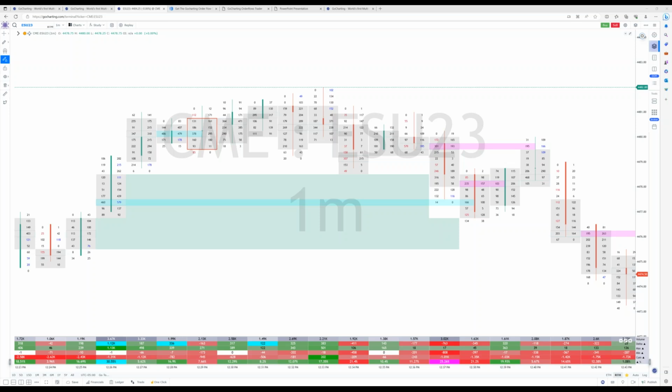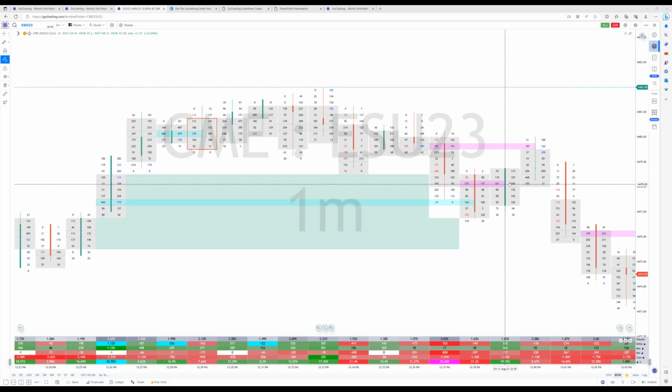Well, the easiest way to identify a market going sideways is if you're looking at value areas and the values are pretty much overlapped, 1, 2, 3, 4, 5, 6, 7, 8, 9, 10, 11, 12, 13, right? When I start seeing value areas that are overlapped, then I know it's a sideways market. When I start seeing a gap between a value area low and a value area high, if the market's going down, then I know it's going to start to go down.